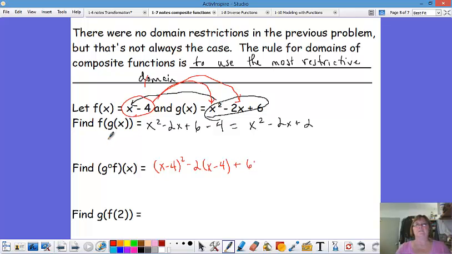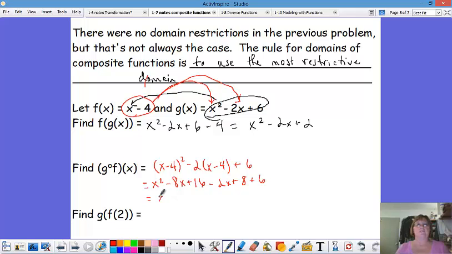Now, the algebra here is a little bit different, but if you remember your factoring patterns, that x minus 4 quantity squared comes out as x squared minus twice of this, so minus 8x plus 16. That's that perfect square trinomial right there. Doing the distribution here, minus 2x, and then minus 2 times minus 4 plus 8, and then we still have that 6 on the tail end, and now we've got to get our like terms wrapped up.